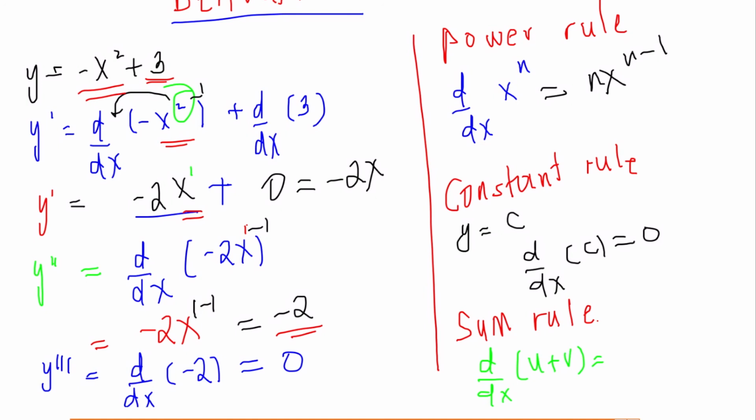You find the derivative d all over dx of u, and then you add it to the derivative d all over dx of v. Okay, just the way we have done with our example here.